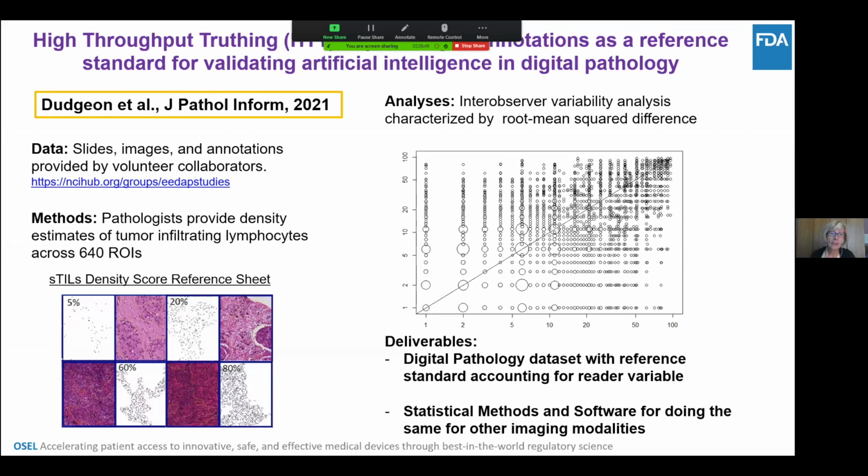The application here is estimating density, a quantitation task of tumor infiltrating lymphocytes across a very large number of ROIs. The deliverable will be a digital pathology data set with this reference standard, accounting for reader variability.